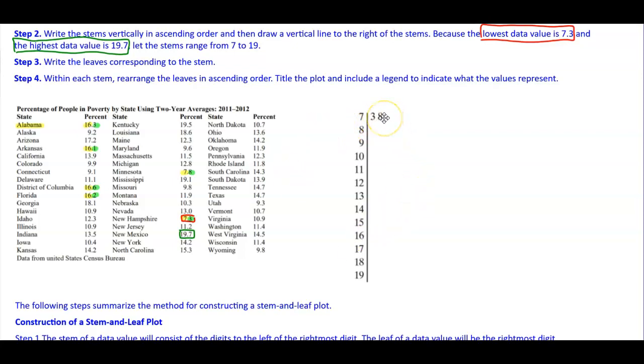Now we're going to look at the stem of 8. We find all the data that have a stem of 8, and we do not have anything with a stem of 8. Therefore, the leaf is going to be blank.